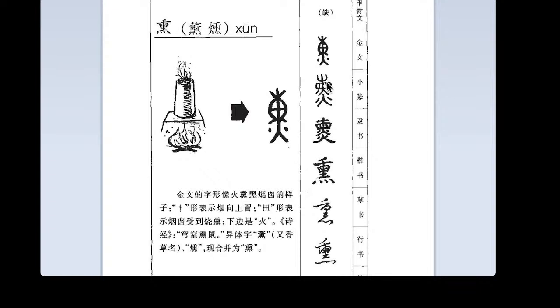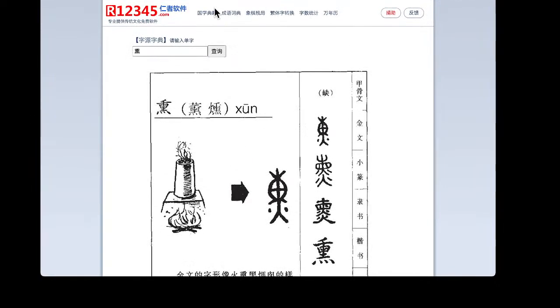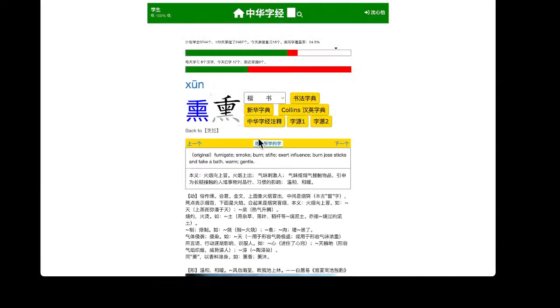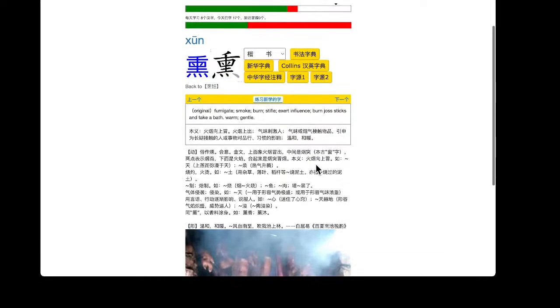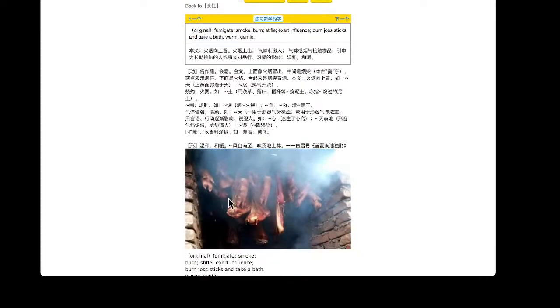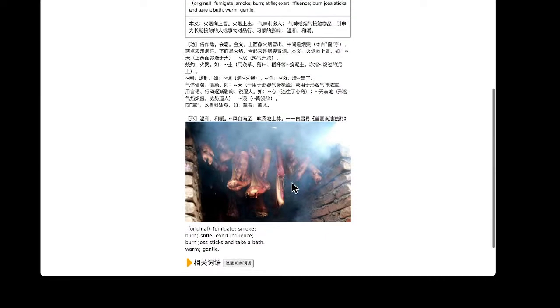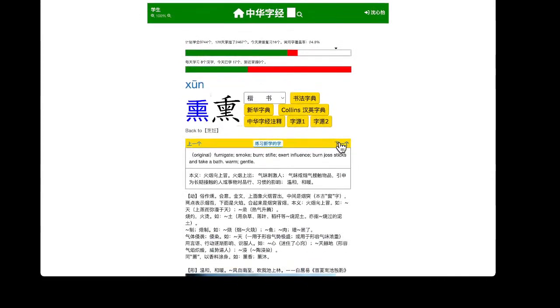And then of course you put the food right in the middle to cook it. That's the character 熏. That's how they do it. You get lots of smoke, and it takes a long time, right?